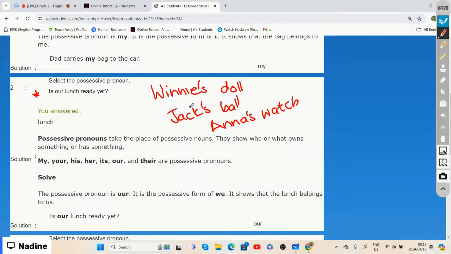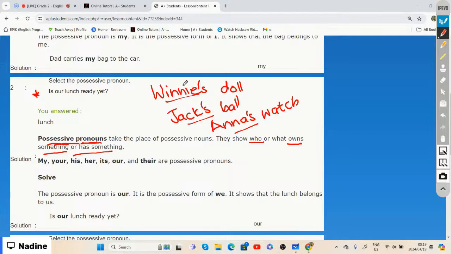That is a possessive noun. It shows the person's name by adding the apostrophe S to show who or what owns or has something. But a possessive pronoun takes the place of a possessive noun.